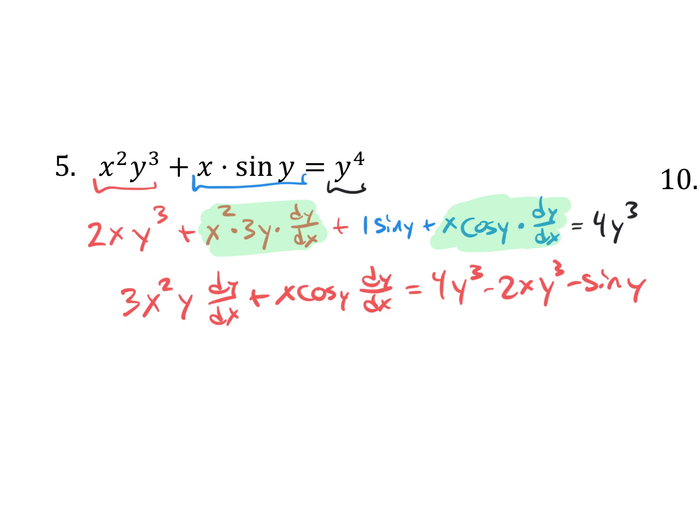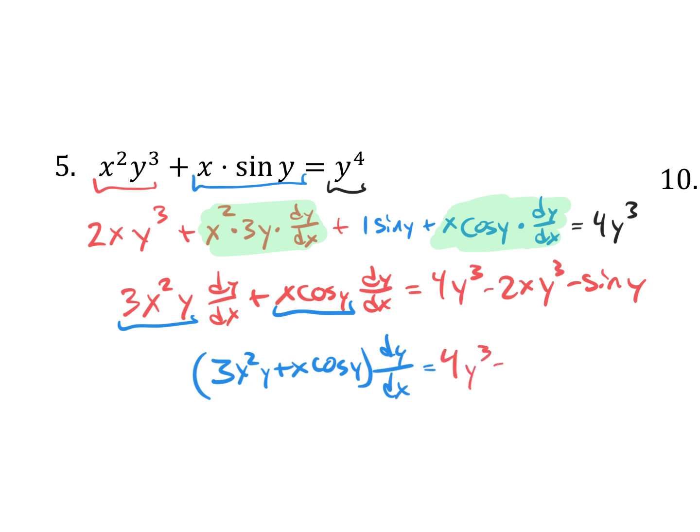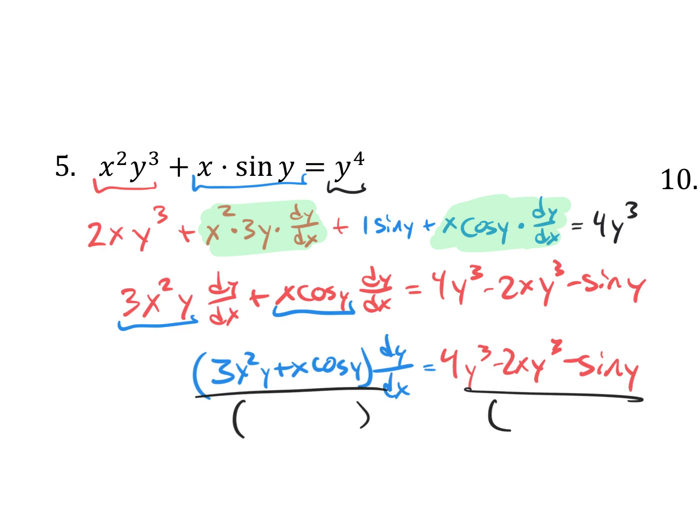Now we're going to factor this thing. So let's factor out the dy dx, and we'll have 3x squared y plus x cosine y dy dx equals all of this stuff over here. Quick copy. Don't lose anything. And then we're going to divide by those parentheses. Divide by 3x squared y plus x cosine y.